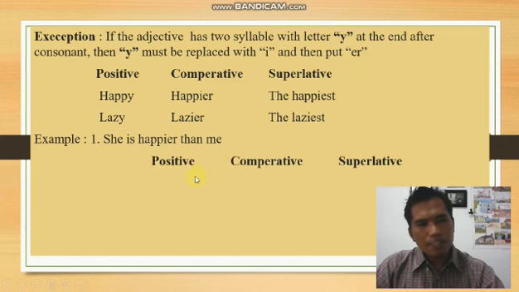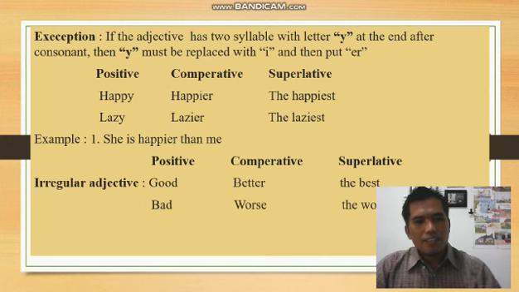Let's look at one example. She is happier than me. If I'm happy and you are a little bit sad, then we can say I'm happier than you. If you are happy and I'm a little bit sad, then we can say you are happier than me. Okay? You get it?